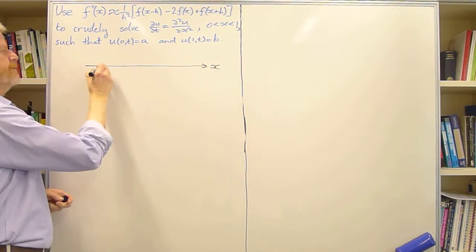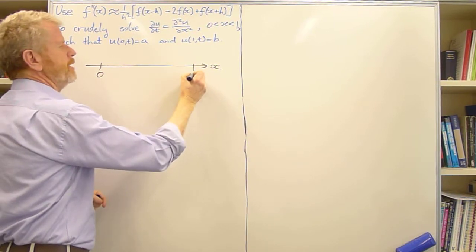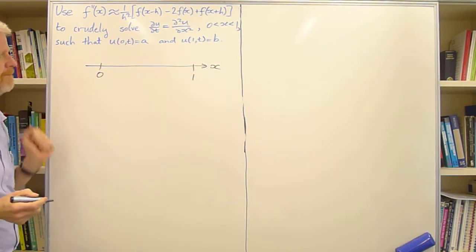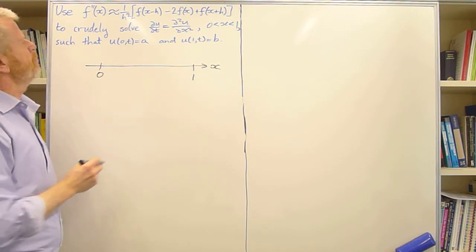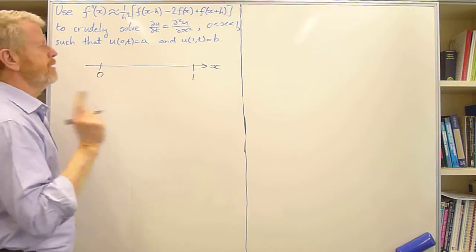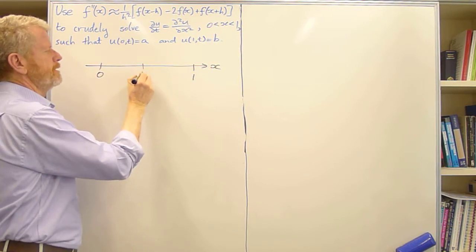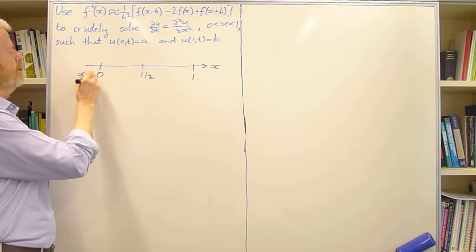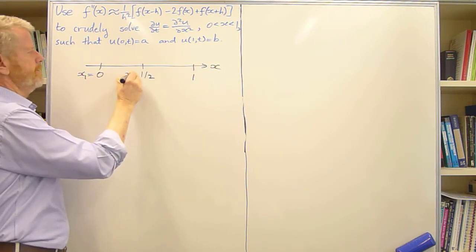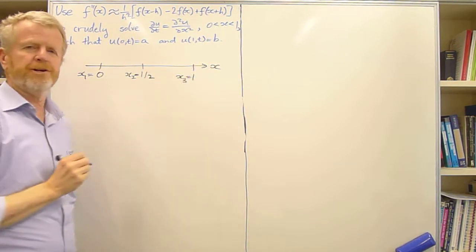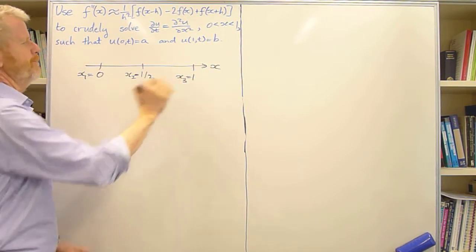Here's the x-axis. We're interested in the domain 0 to 1 because that's where the heat PDE is defined. And what we're going to do is be very crude. So we're going to introduce one point in the middle, that's a half, and we'll give these names x1, x2 and x3 with 0, half and 1.